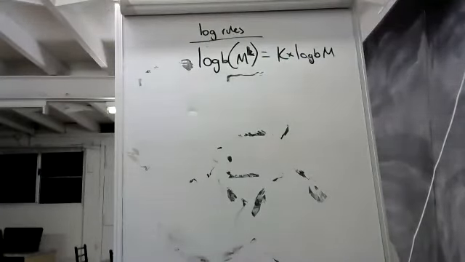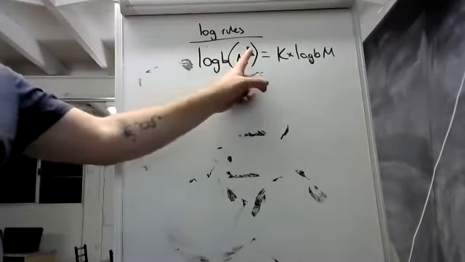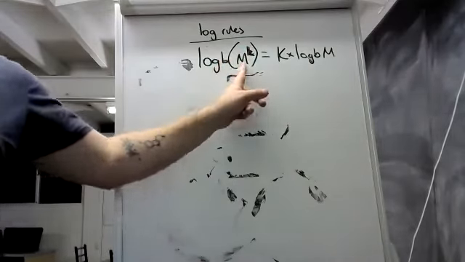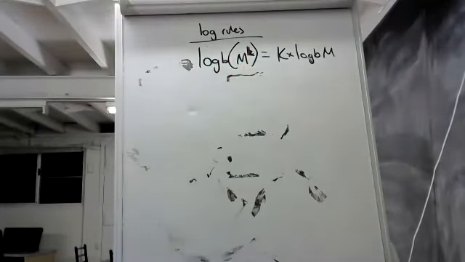So the logarithm of an exponential number is the exponent times the logarithm of the base. So start to get to know your terminology when we're looking at this stuff as well.